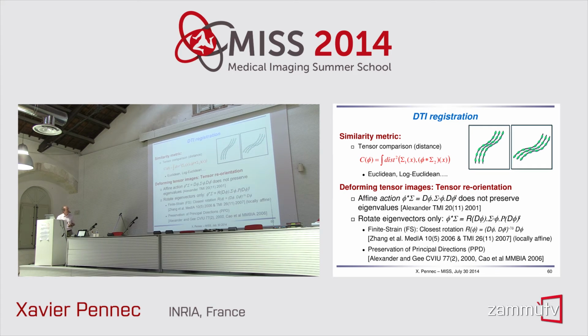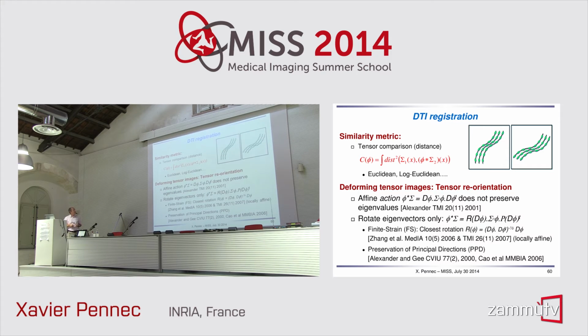And what we want is to register, if we have different subjects, we'd like to register these two images. Now what's happening is when you deform an image, you might locally rotate things, and you need to reorient the tensor. So it's not just taking the components and resampling the images. There is something else, which is the tensor reorientation.